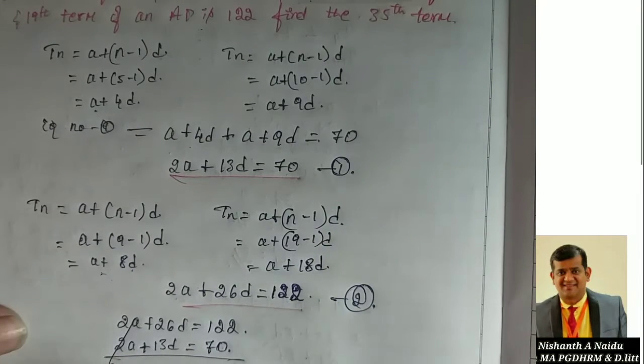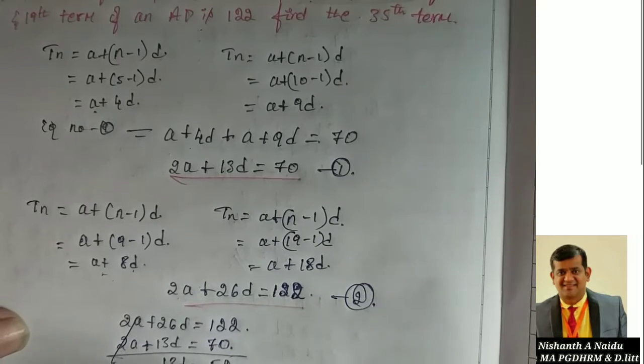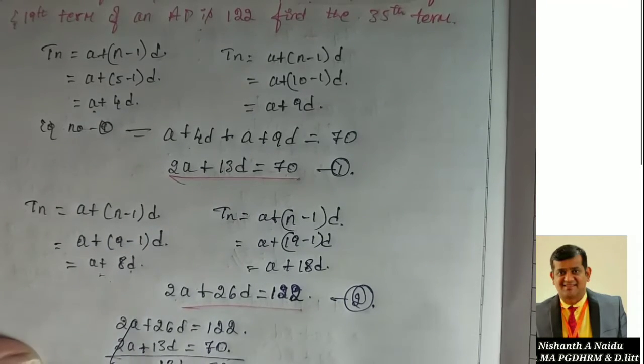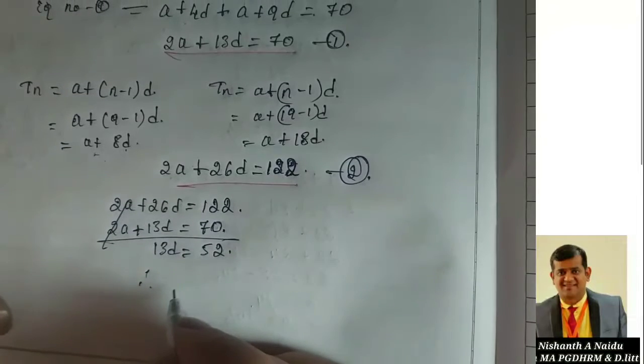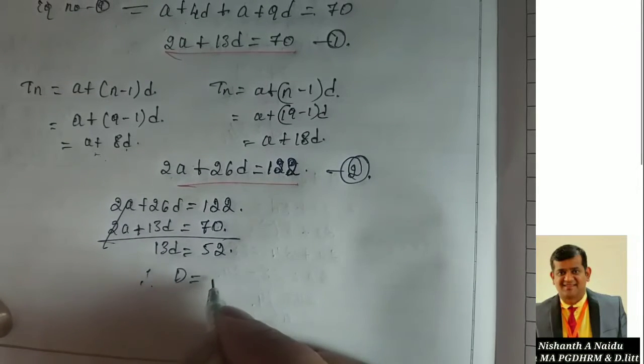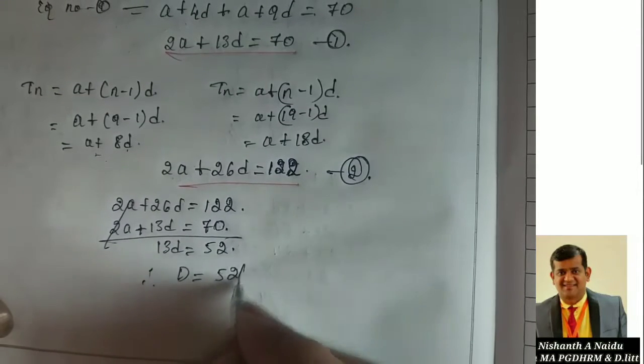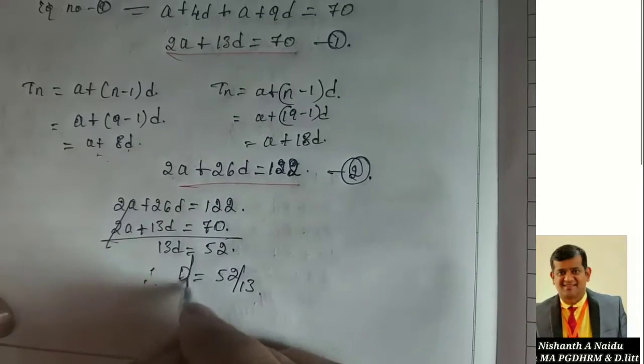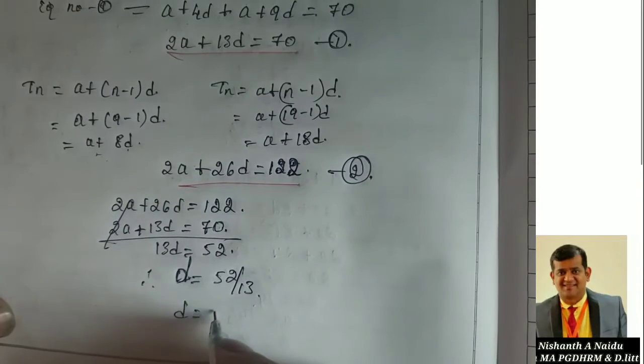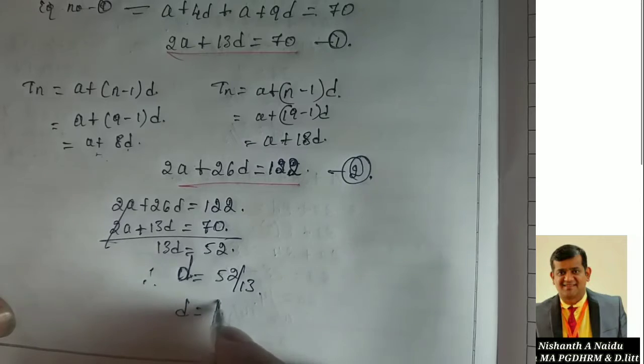So 2a got cancelled. 26d minus 13d, so that we get 13d. 122 minus 70, if you do, you will get 52. Therefore d equals 52 divided by 13. So d equals 4.